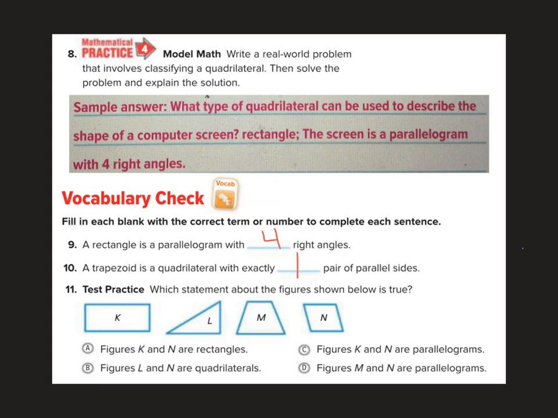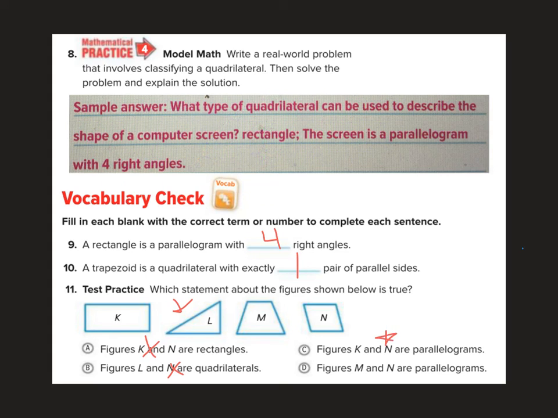Which statement about the figures shown is true? Okay, let's check out the figures first. Figures K and N are rectangles. Figures L and N are quadrilaterals. L is not a quadrilateral. That'd be a triangle. Figures K and N are parallelograms.